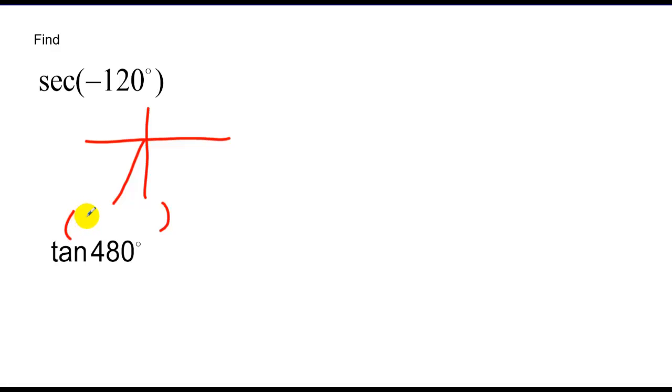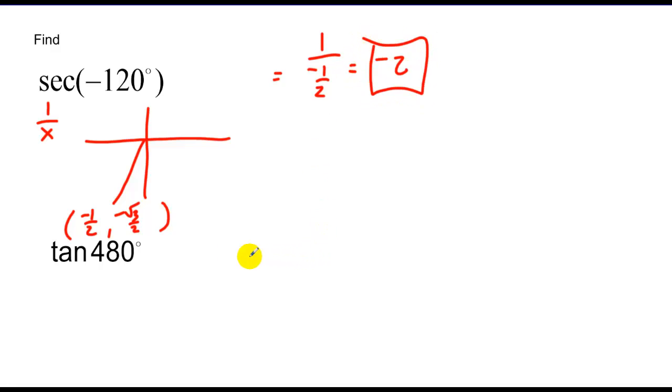That's going to be negative half and negative root 3 over 2. Next, I need to determine what I need for secant. We've already said secant's 1 over x. So I take my x value and I go 1 over that value. 1 over negative 1/2 is negative 2, which is my secant value.